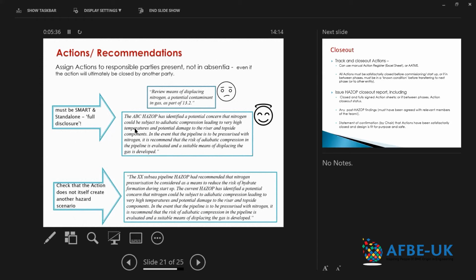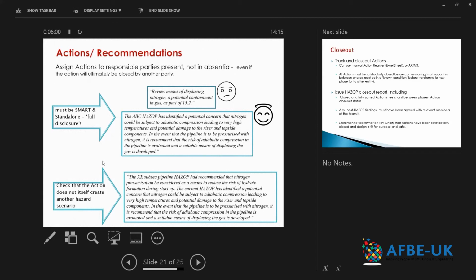So if this second bit of the action wasn't there, and you had just the other action, saying the XX subsea pipeline HAZOP had recommended that nitrogen pressurization be considered, now you are recommending the use of nitrogen for pressurization, but inadvertently, without knowing, you are introducing another hazard. Those are the sorts of things you want to avoid.